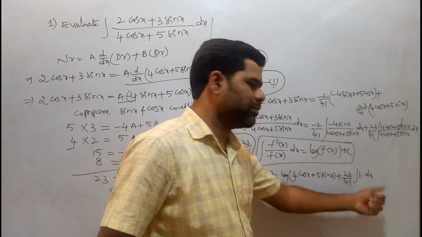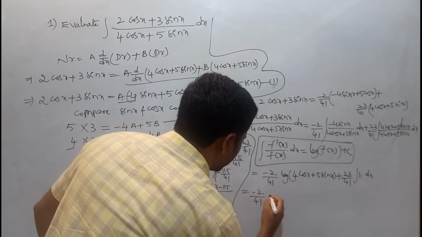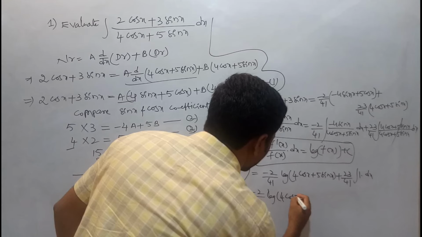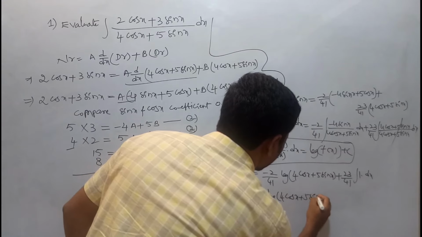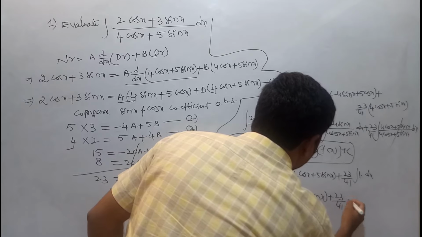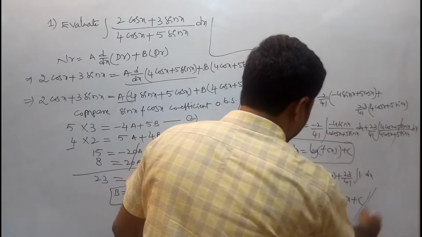Integral 1 into dx becomes x. So minus 2 by 41 log of (4 cos x plus 5 sin x) plus 23 by 41 x plus c. So this is the answer.